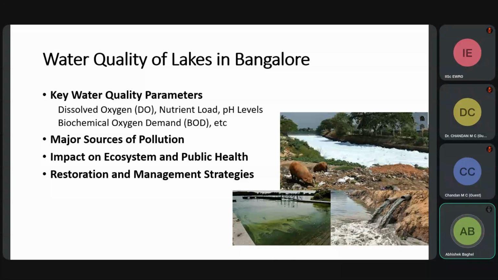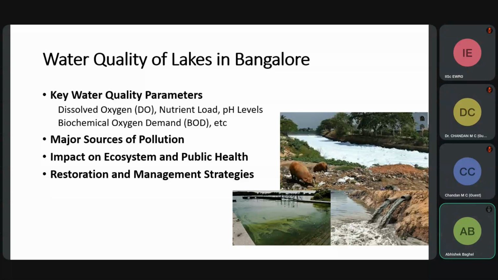And some of the major sources of pollution are untreated sewage discharge, industrial effluents, dumping of wastewater and plastic pollution, and agricultural runoff carrying fertilizers and pesticides. The impacts on ecosystems and public health include the decline in aquatic biodiversity due to oxygen depletion and toxins.